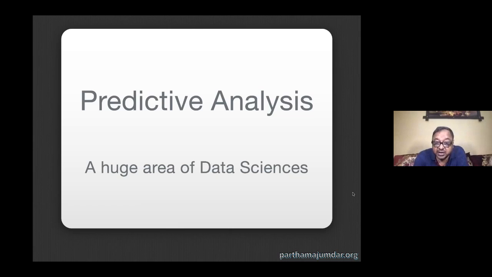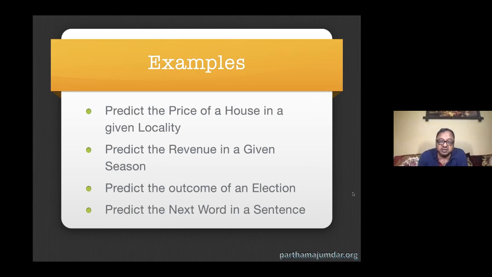Some examples we have been discussing over the period of time: how much the price of a house can be in a given locality. If I could predict that, it will help me in negotiating the price of a house in that particular locality, or how much revenue I will be able to earn from my shop or from my retail store chain in a given season.